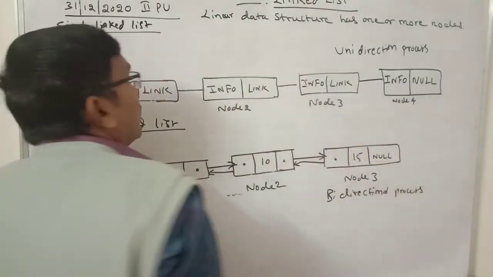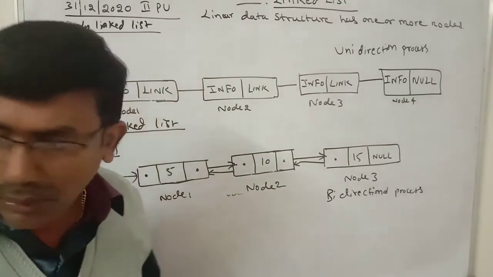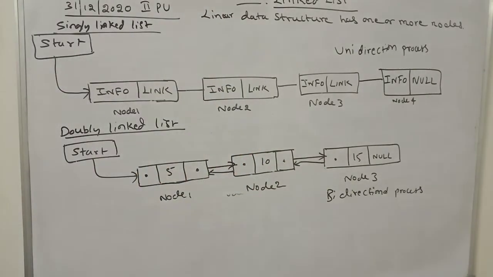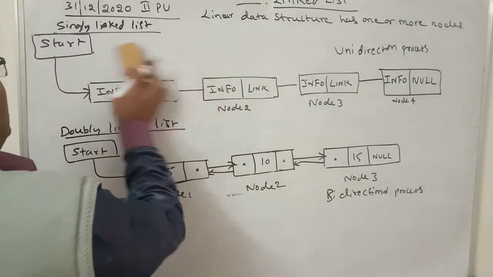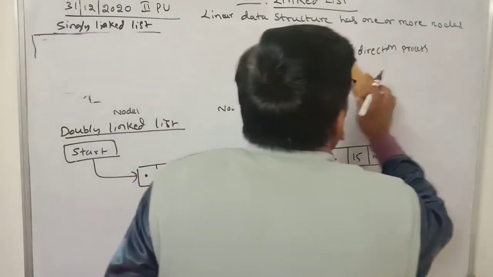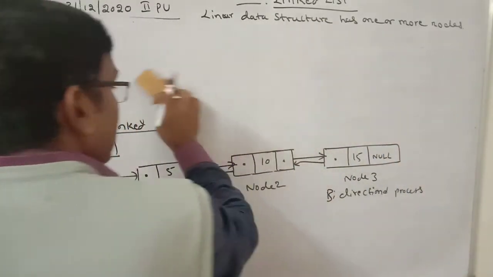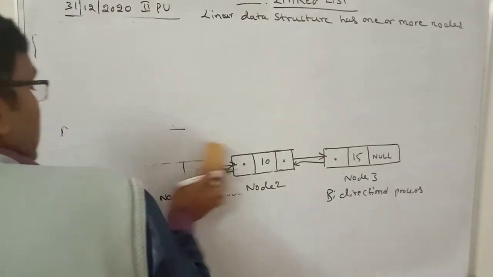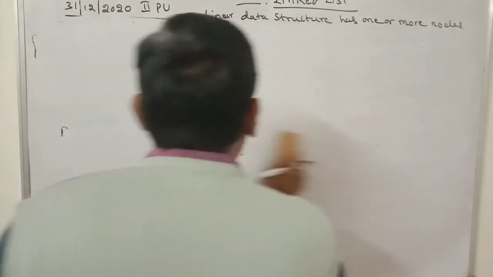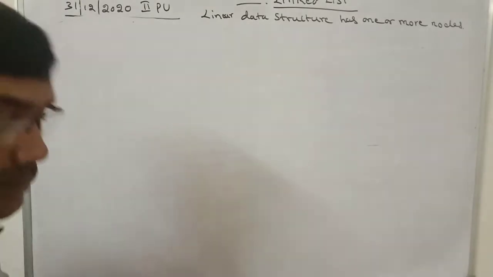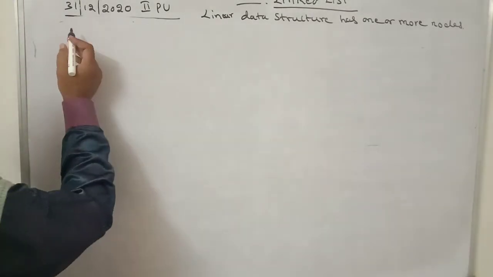One more linked list is there, that is called a circular linked list. Circular linked list, third one.